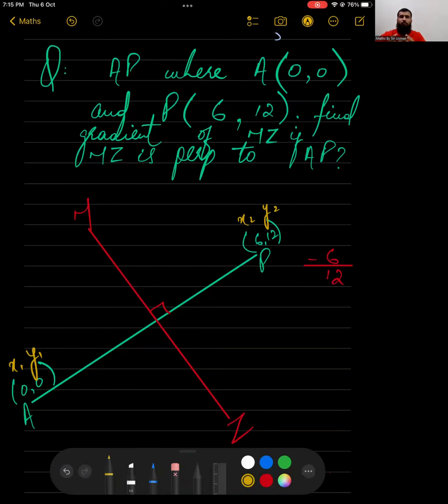So you would use the formula for gradient and find the gradient of line AP. The rest of you need to solve this for m2 and tell me the answer for m2. All of you.